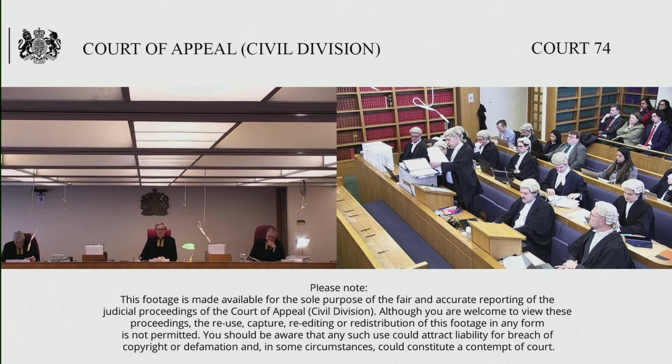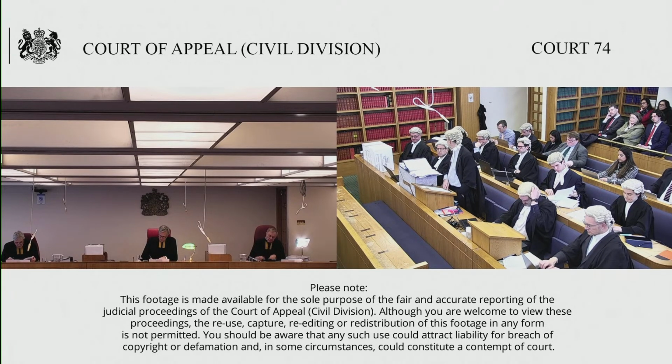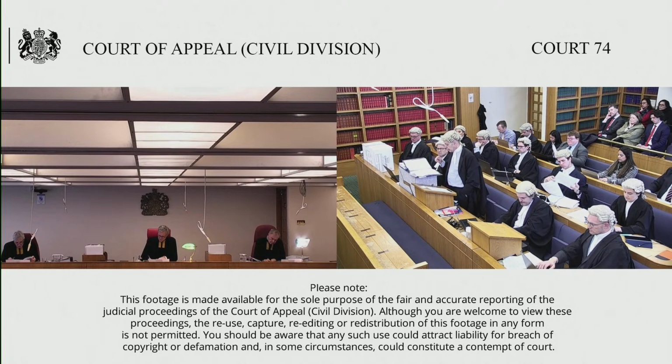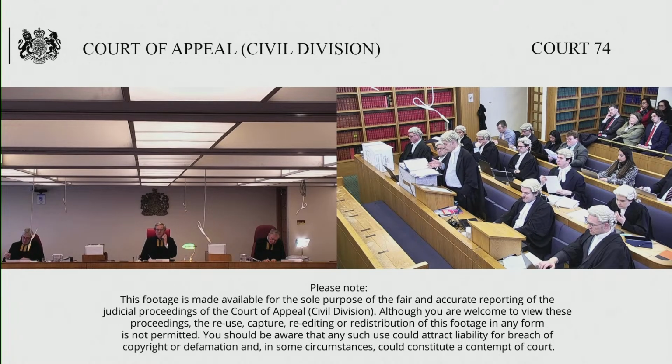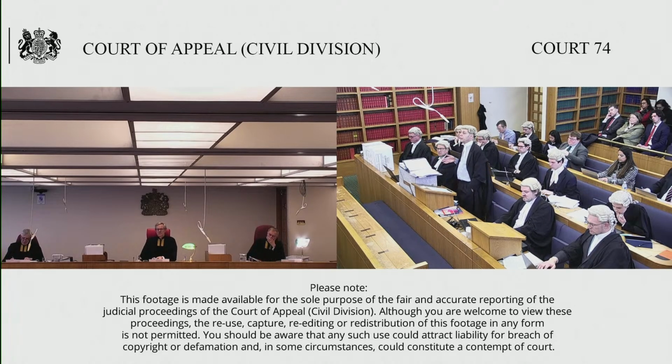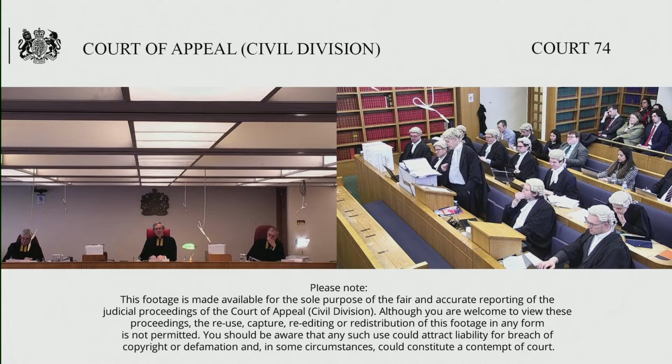I will now turn to the explanatory notes, which hopefully I can deal with fairly briefly. We are in a slightly odd position where you've been presented with two versions of Benyon in respect of the explanatory notes.